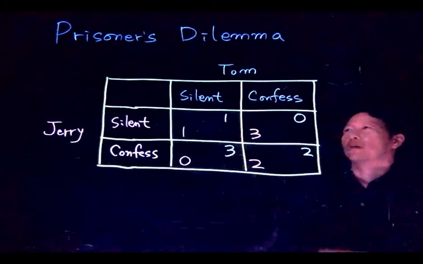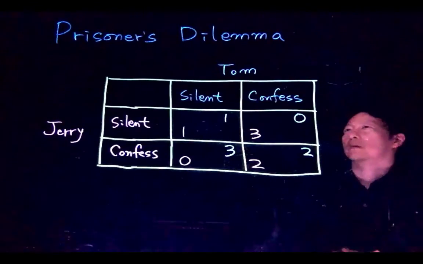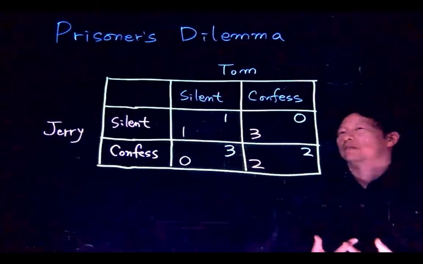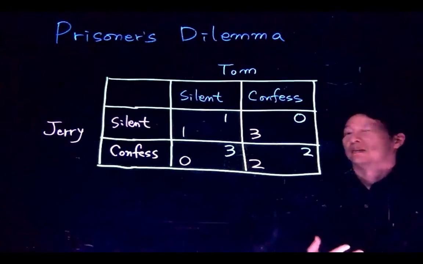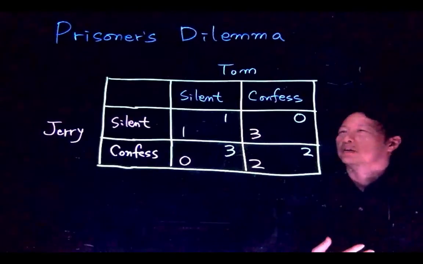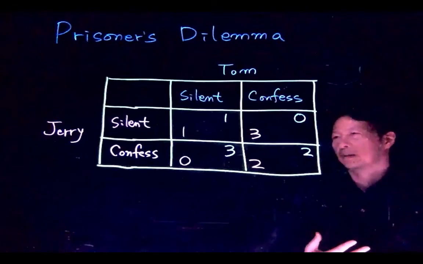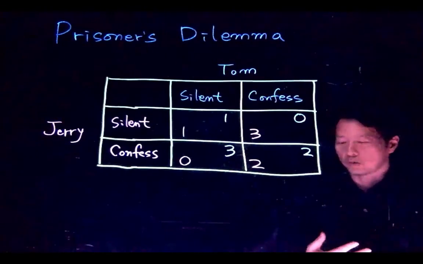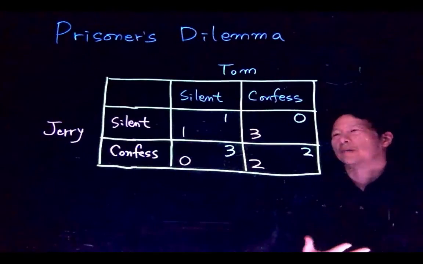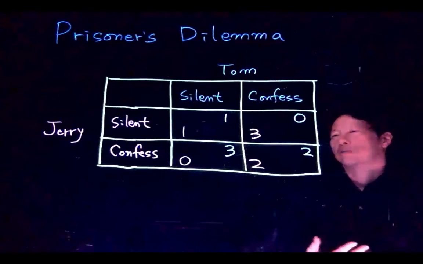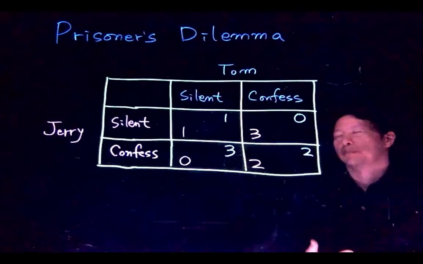Okay, so the prisoner's dilemma is called a dilemma because it doesn't come up with an intuitive result. Suppose there are two criminals, Tom and Jerry, and they were caught by the police. The police don't have strong evidence, so they can charge them with minor crimes, but they suspect there is a bigger crime.